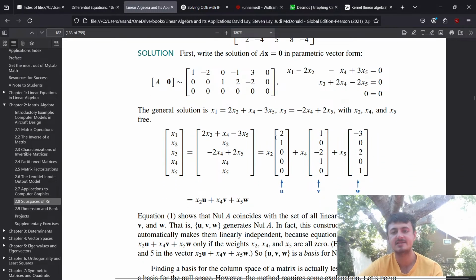Yes, this is the basis because any linear combination of these vectors should equal 0.